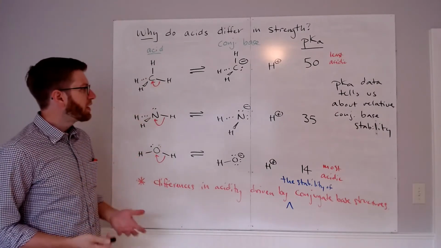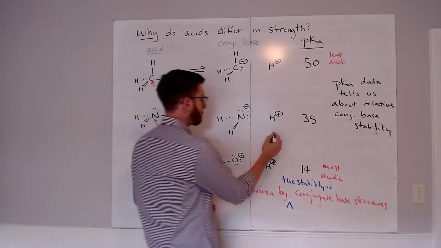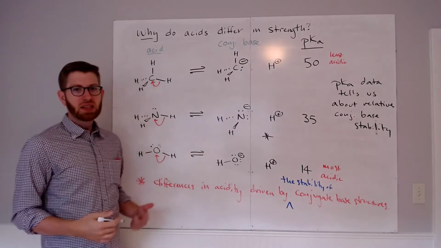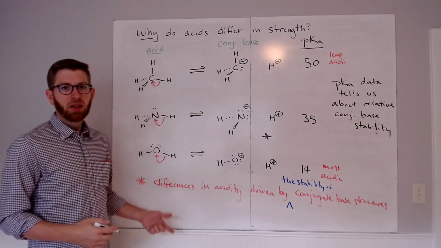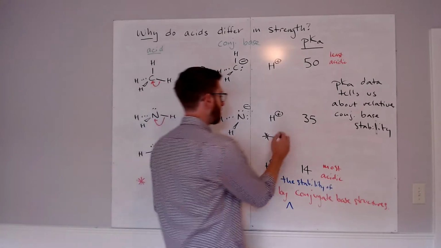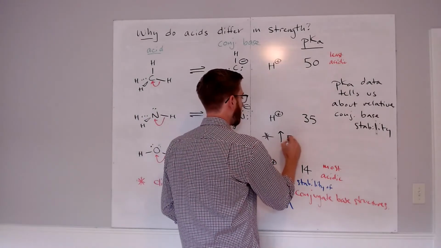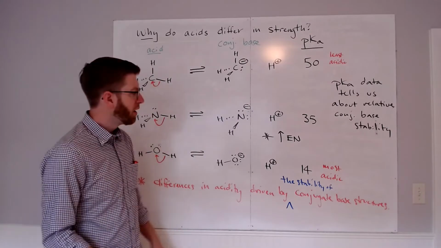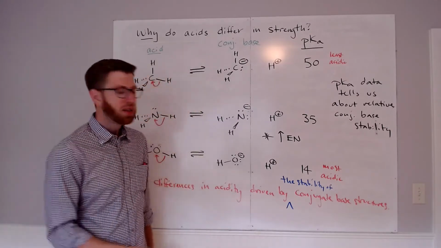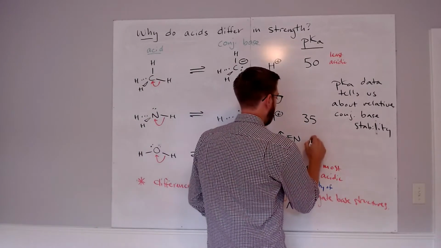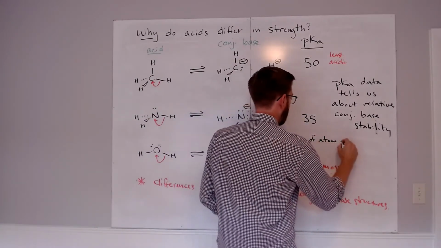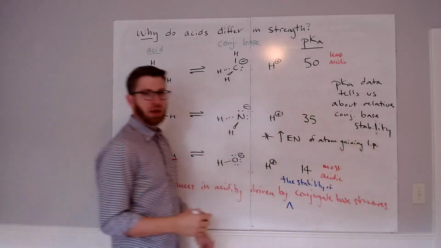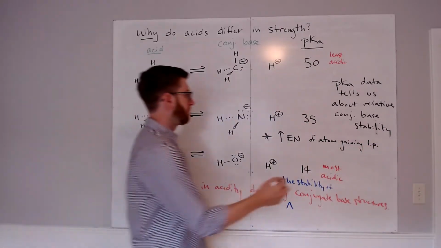So one thing that we could say here is that the more electronegative the element that's gaining a lone pair, the more stabilized the conjugate base. So, increasing, I'm going to abbreviate electronegativity as EN, hopefully that's okay, electronegativity is a long word. As we increase electronegativity of the atom gaining the lone pair, the conjugate base stability goes up.